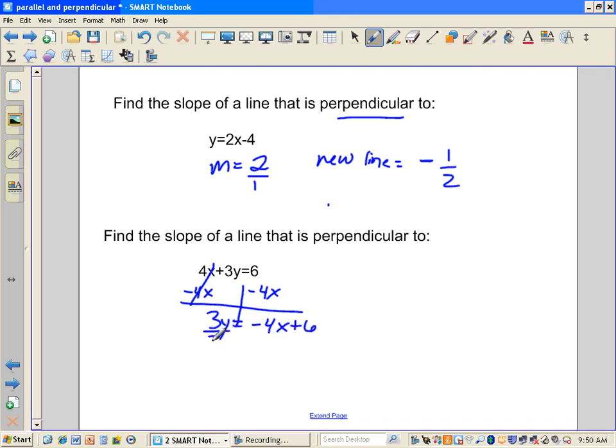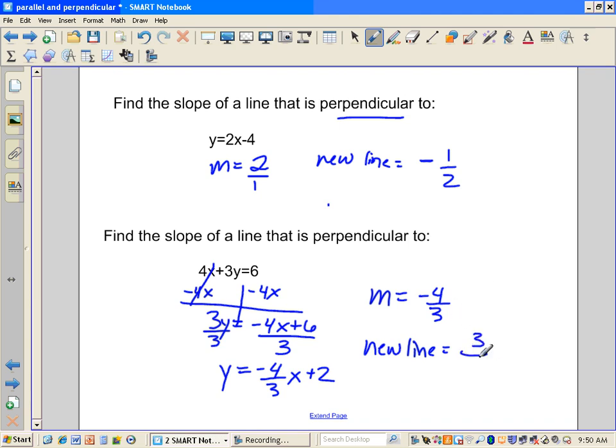We're going to divide by 3. So y is equal to negative 4 thirds x plus, and 6 divided by 3 is 2. So now we know that the slope is negative 4 thirds, and the new line has to be the opposite of that, so it's going to be positive, and the reciprocal would be 3 over 4.